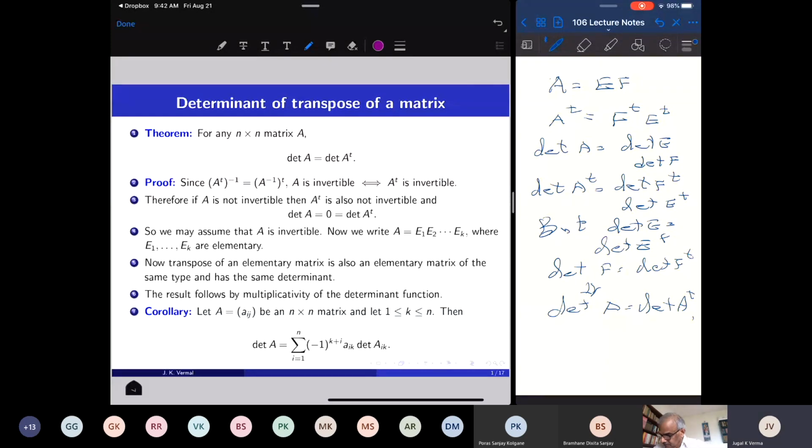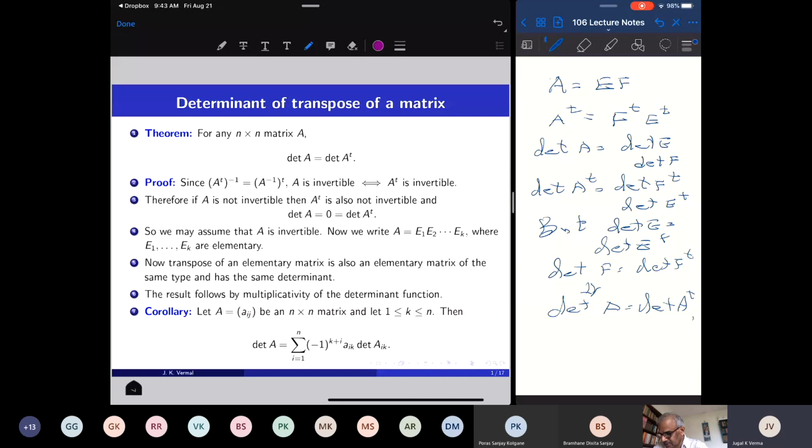As a consequence of this, we see that determinant of a matrix can also be expanded using the kth column. We showed that determinant of a matrix can be expanded using any row.